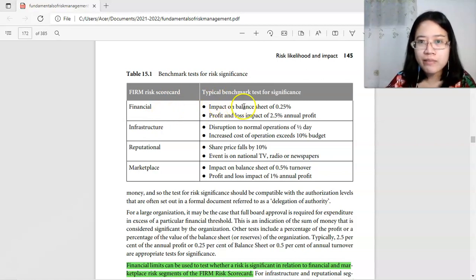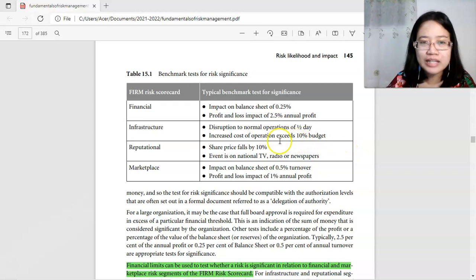Okay, financial impact on balance sheet, assets, liabilities, and equity of 0.25%. Profit and loss impact of 2.5% annual profit. Yan. Sa infrastructure, disruption to normal operations of 1/2 or half day.